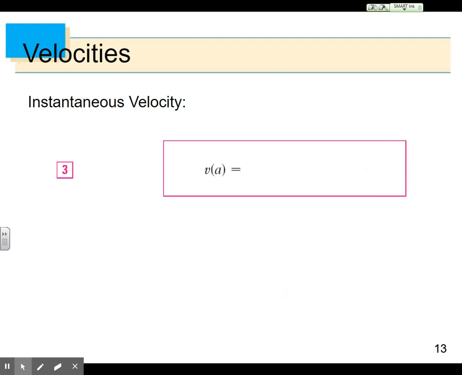Remember, we dropped a ball off the CN tower back in 2.1, and we were able to calculate how fast it was moving at 5 seconds. We're about to do that again, but if I'm looking to find the instantaneous velocity, v of a, then I'm still going to be using that f of a plus h minus f of a all over h, but once again, I'm going to make it so the limit is as h goes to 0.